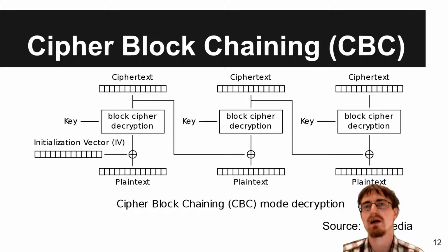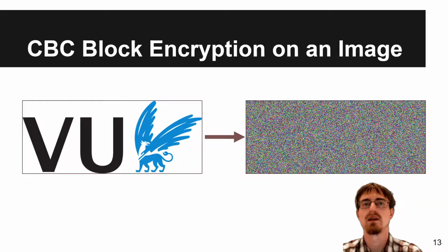So what is nice about this is that we're still able to decrypt blocks in parallel, because we know all the inputs that we need. Now, if we do cipher block chaining and we encrypt the same image, we get what we originally hoped to see: an image that looks completely random. So the image now no longer reveals information about the original image.